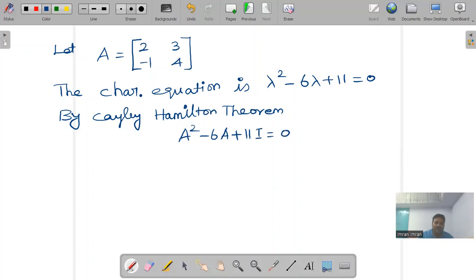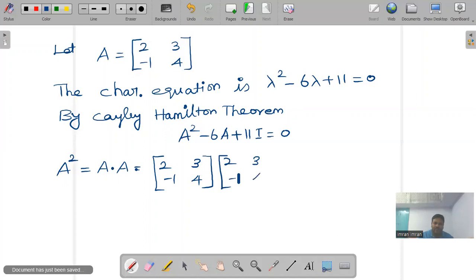To prove this Cayley-Hamilton theorem, now compute A square. A square equal to A into A, equal to 2, 3, minus 1, 4 times 2, 3, minus 1, 4. Now multiply these two matrices. First row, first column: 2 twos are 4, 3 into minus 1, minus 3.